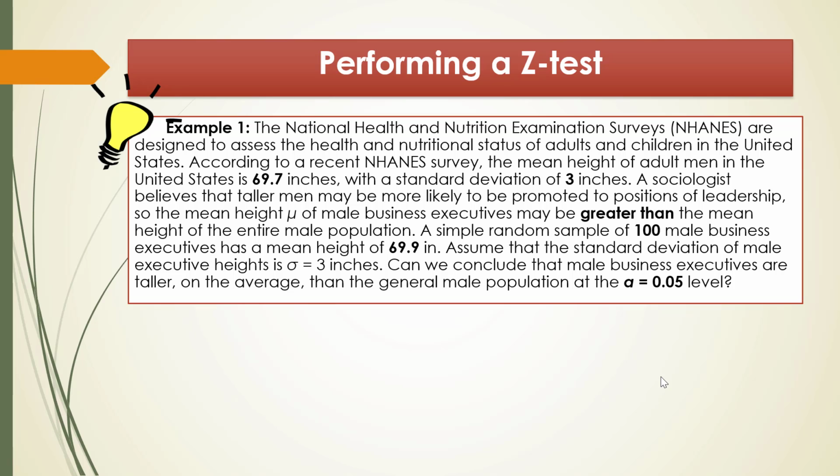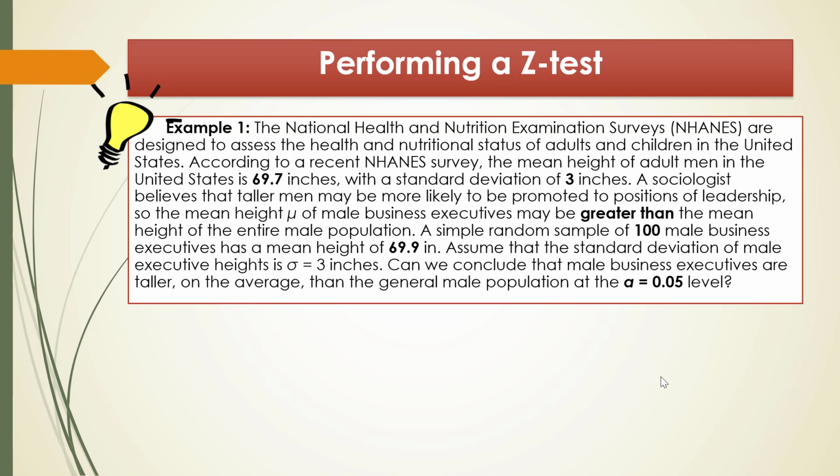A sociologist believes that taller men may be more likely to be promoted to positions of leadership. So the mean height of male business executives may be greater than the mean height of the entire male population.